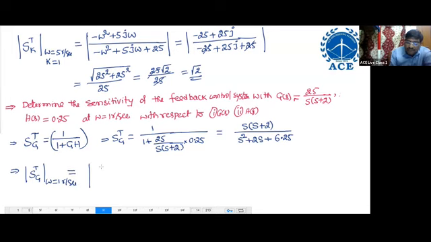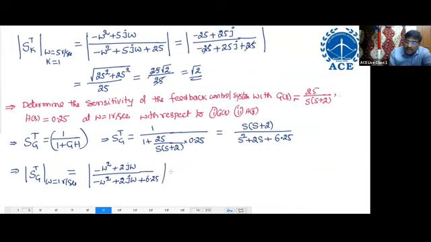That equals, magnitude means S replaced by j omega, so S square is minus omega square, minus omega square plus 2j omega divided by minus omega square plus 2j omega plus 6.25.